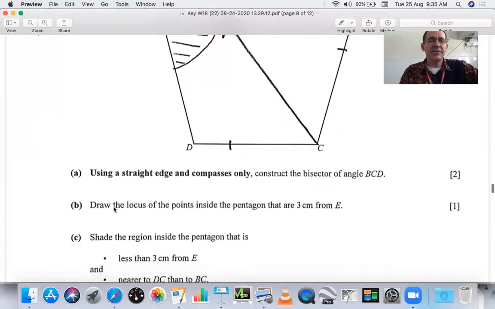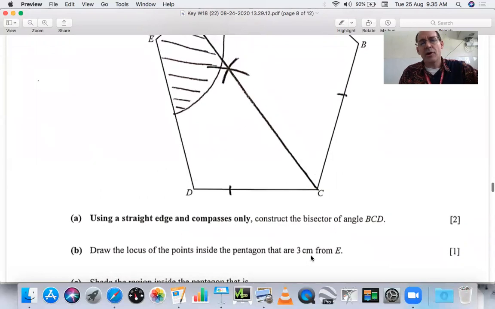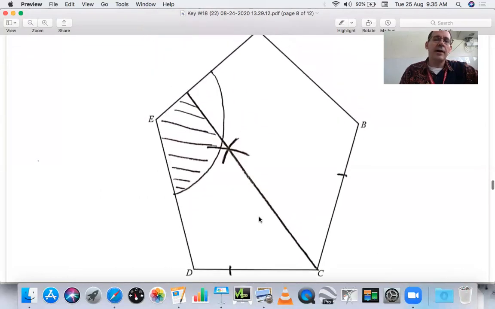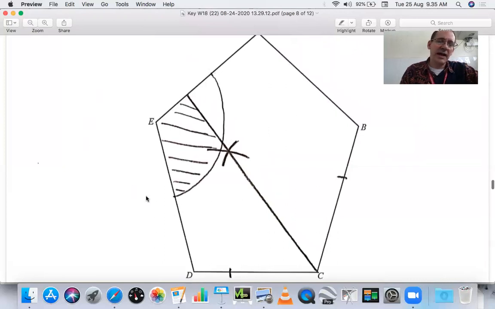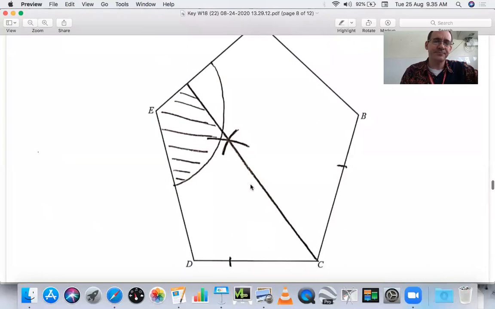Then the next one says, draw the locus of points inside the pentagon that are 3 centimeters from E. So all the points equidistant from one point makes a circle, but you don't need to draw the entire circle. You just need to open your compass up to 3 centimeters in length, because it asked for 3 centimeters.